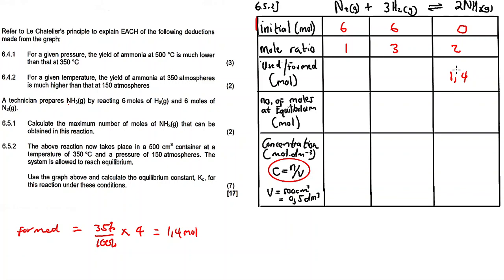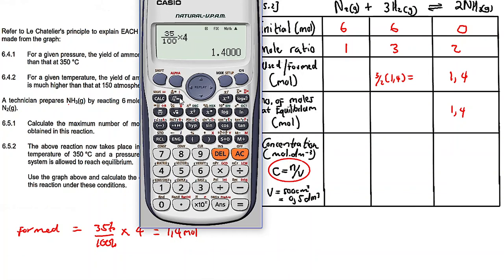So now, since on the products the formed amount is 1.4, at equilibrium the product is 1,4 as well. Using stoichiometry on this row to find the used amounts for hydrogen and nitrogen: for hydrogen it will be 3 over 2 times 1,4, which is equal to 2,1. You could also put x and cross multiply, then make x the subject of the formula.